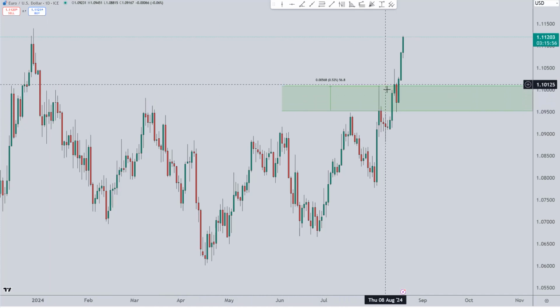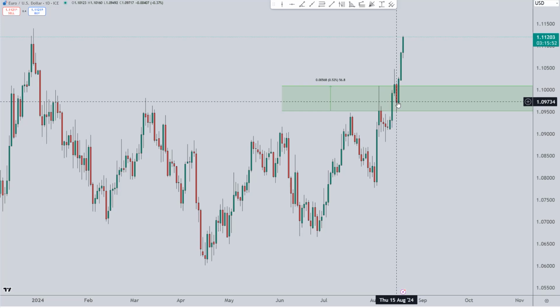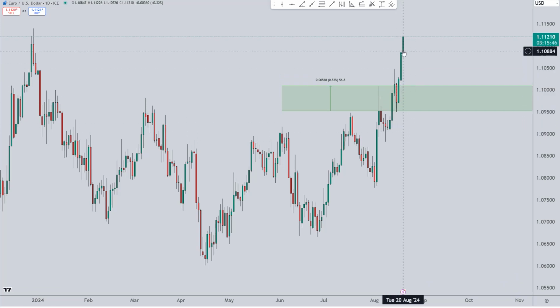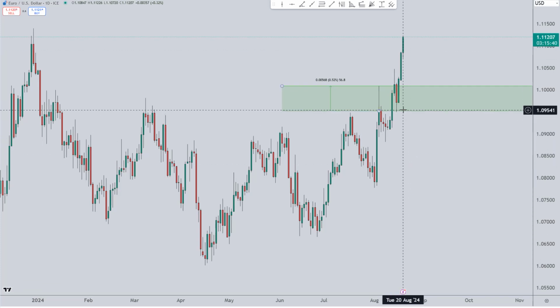So it broke above that, and it's going to be sitting on top of that if it doesn't break out to the downside. So it's either going to do what it eventually did, which is continue to the upside, or it's going to break down here. But I really want to wait and see what happens.